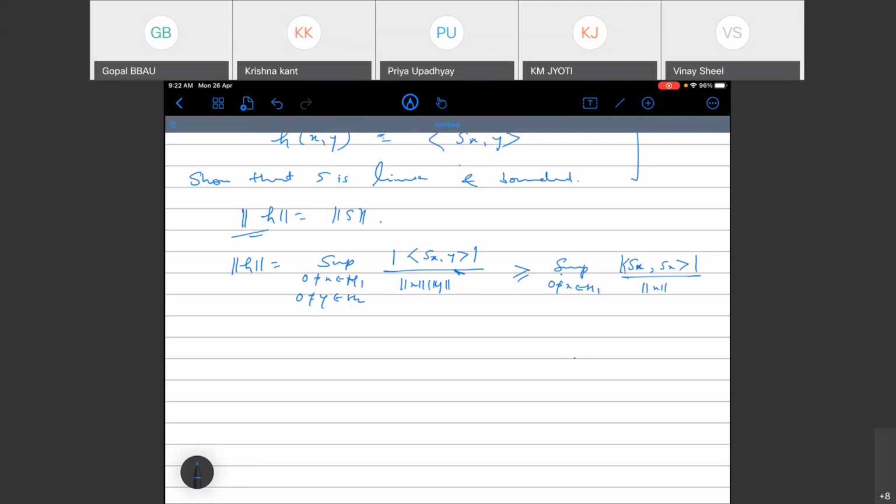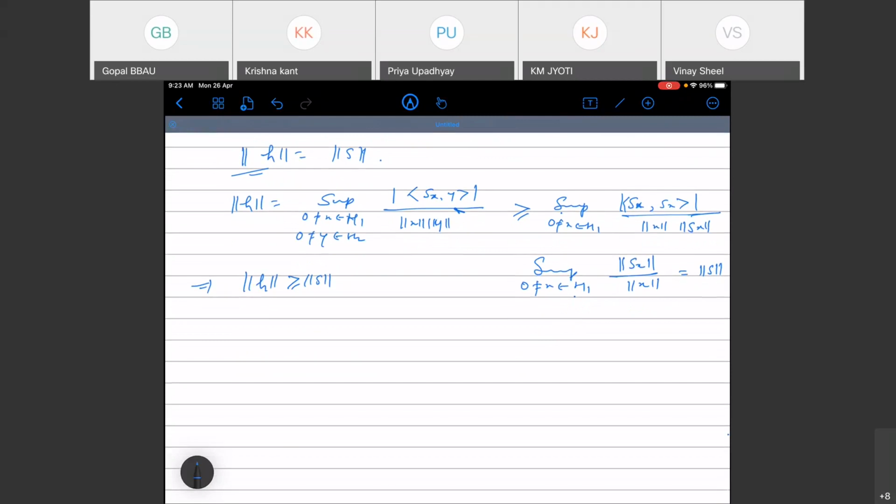But the inner product of sx with itself is norm sx square, so it will be norm sx by norm x, supremum over x not equal to 0 in h1. And this is the definition of norm s.